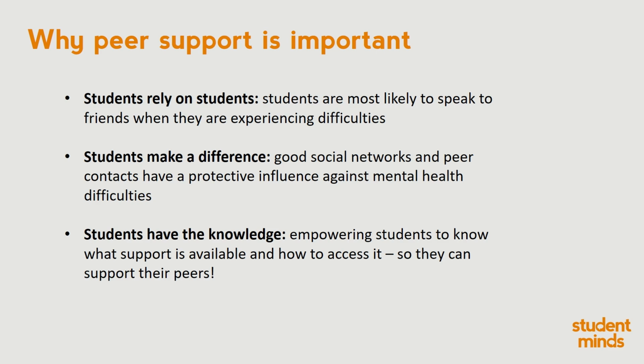We know that students make a difference, so having good social networks and peer contacts has a protective influence against mental health difficulties. And we know that the students have the knowledge, so empowering students to know what support is available and how to access it is important so that they can support their peers. And that is what our student workshops aim to do.